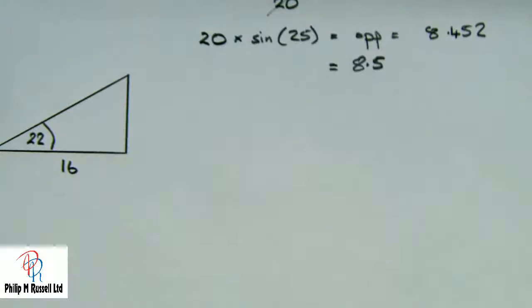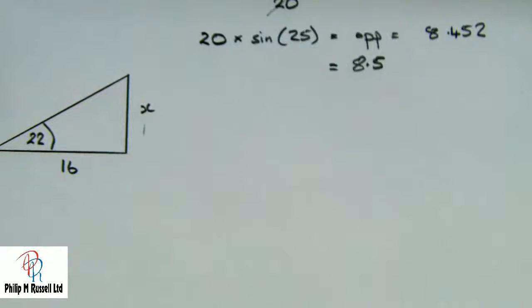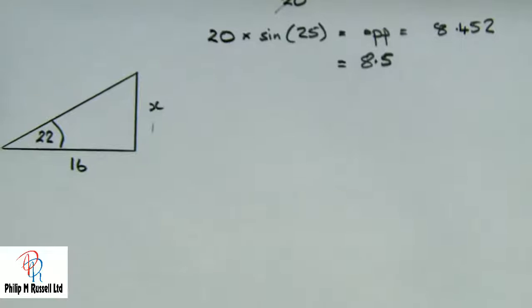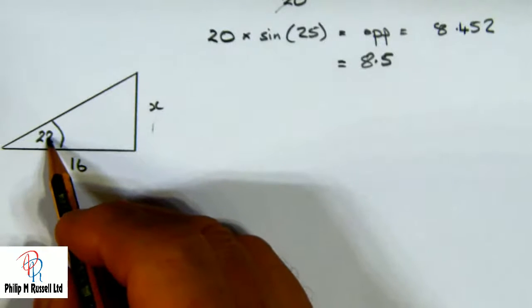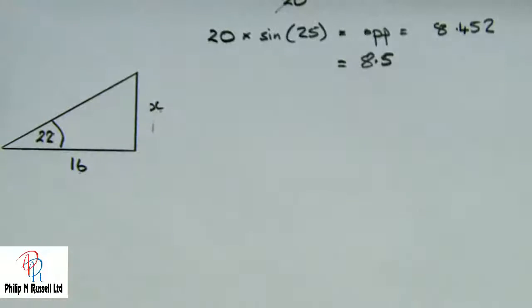So I'm given a triangle and I'm asked to find x. We've got our angle, we've got a side, we've got to find another side.